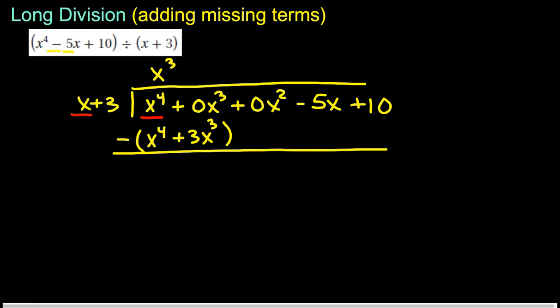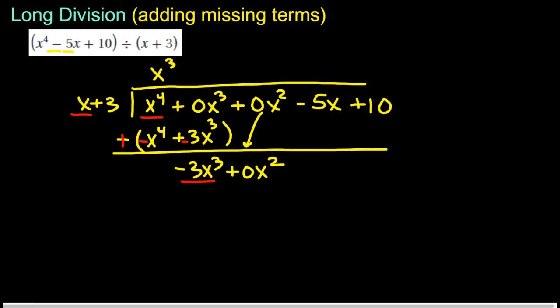Okay, good question. So now everything lines up. Instead of subtracting, I'm going to add the opposites, so I just change all those signs, and what I have left down here is a negative 3x cubed. Bring down the next term, which is a 0 term. If I didn't have that 0 term in there, things would not line up. Like terms would not be lining up.